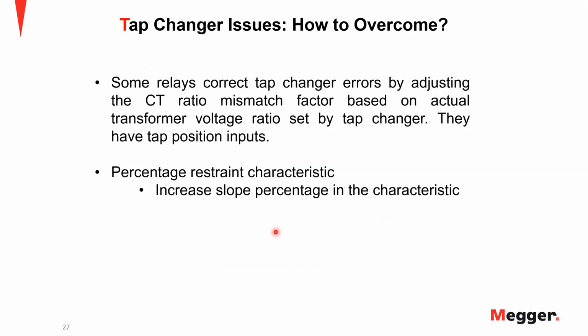And we'll be discussing in detail the slope characteristic in the next few slides. And obviously, some of the relays may have tap position as inputs coming into them. So they can dynamically change these errors by adjusting your mismatch factor using what voltage is being set at that particular time.